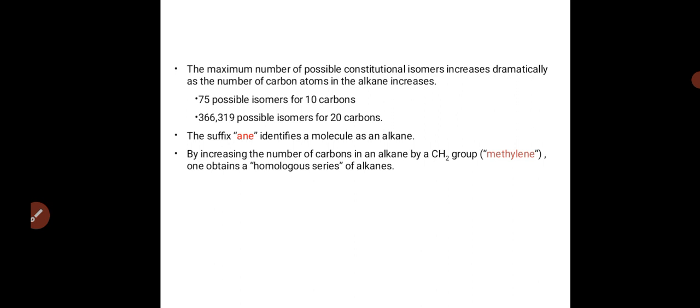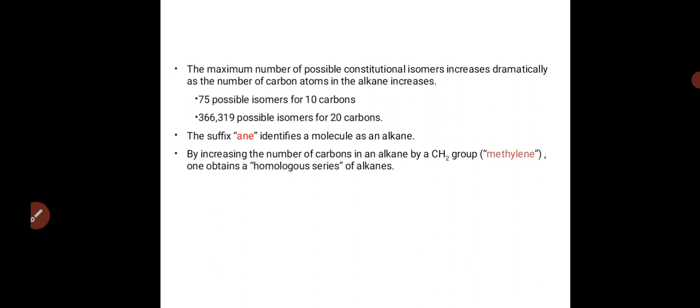Remember, as the number of carbons increases in an alkane, the number of constitutional isomers grows. Butane has two constitutional isomers, while we expect pentane to have more isomers than butane, and hexane will have more than pentane.